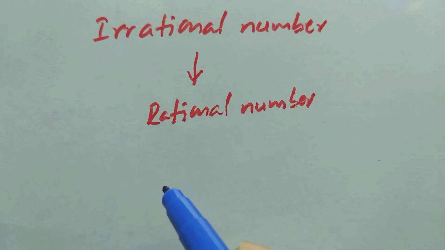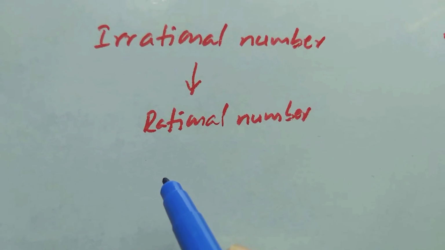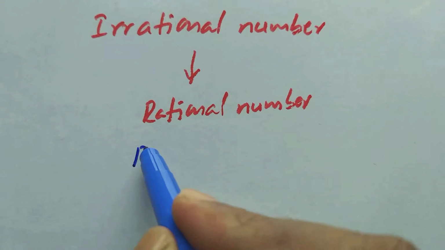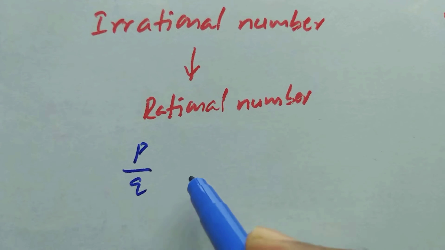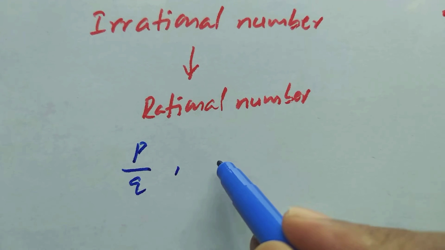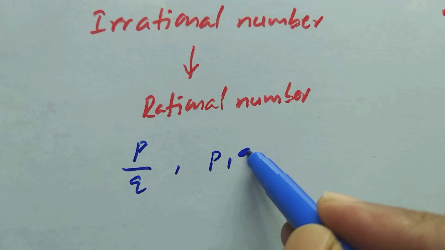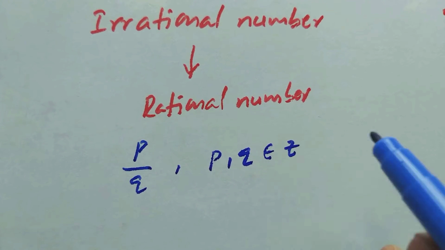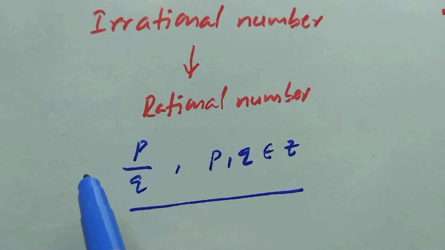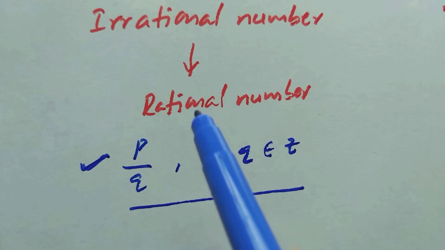After integers, fractions. The number which is in the P by Q form, where P, Q belong to integers, this type of numbers are called the rational numbers.